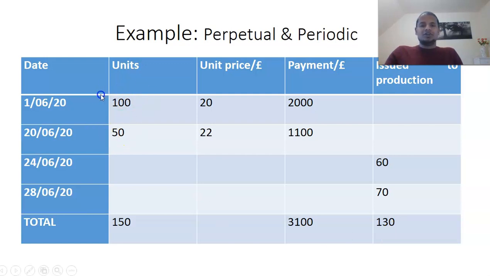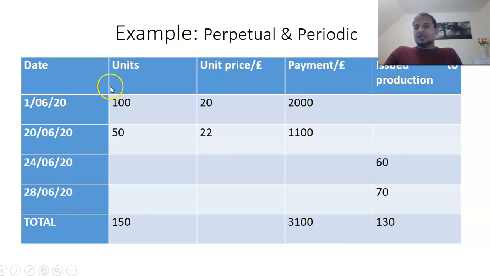As I mentioned before, there is no opening stock mentioned. If there was an opening stock, say in the beginning 20 units were available, and then you purchased 150, it could be 170, and then you issued 130, so 40 units should be in the closing stock.